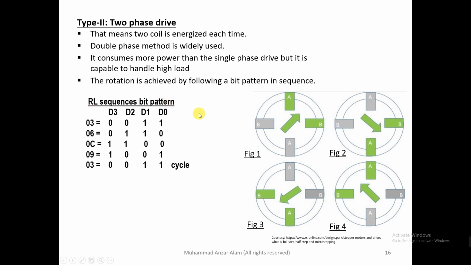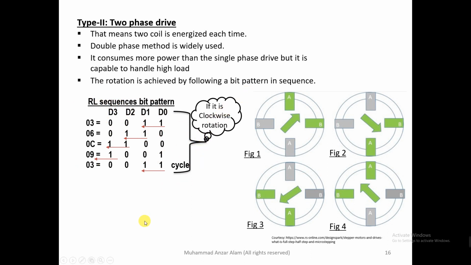The sequence pattern we can achieve by rotating left. We can see this is rotated left, the second rotated left, left and left. So if we rotate this data left, we can achieve the clockwise direction of the motion.